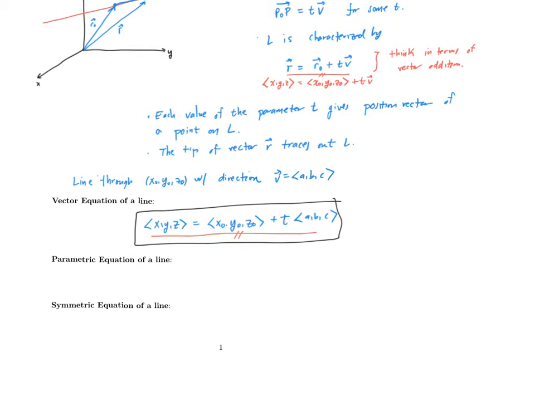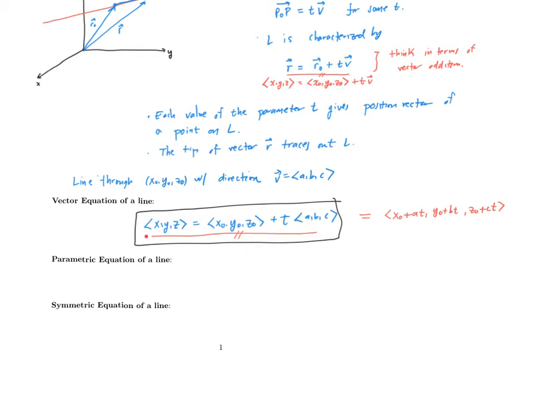If you combine those two vectors on the right, this would be equal to x naught plus at, y naught plus bt, and z naught plus ct. So essentially what we did is we took the parameter t, the scalar, and threw it into each of those components, and then we added them together.